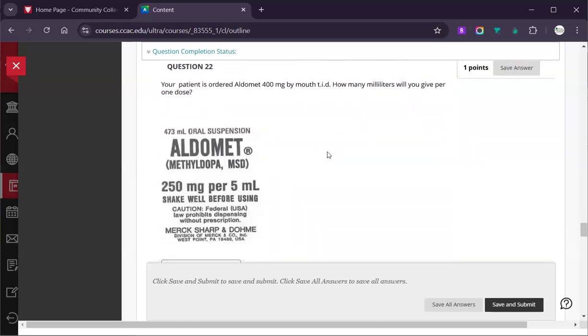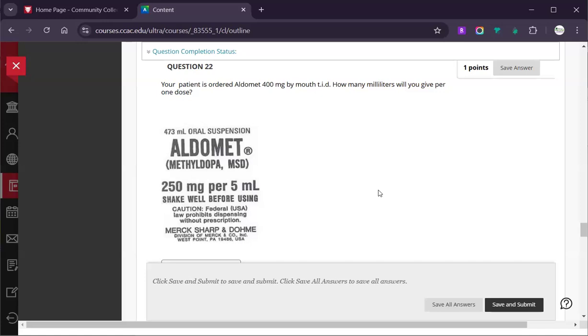All right, you saw this question or a similar question on the paper practice test: 400 milligrams by mouth, TID, which is 3 times per day. How many milliliters will you give per dose? So just make sure we know 1 dose. This tells me I have 400 as the order, 250 is my available, my quantity is 5.